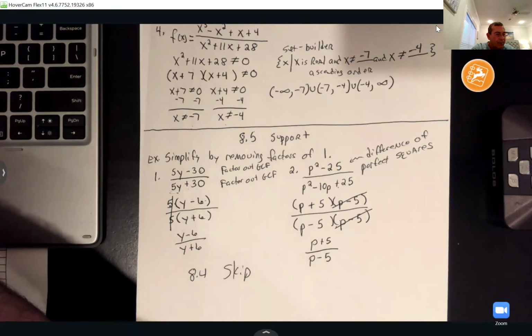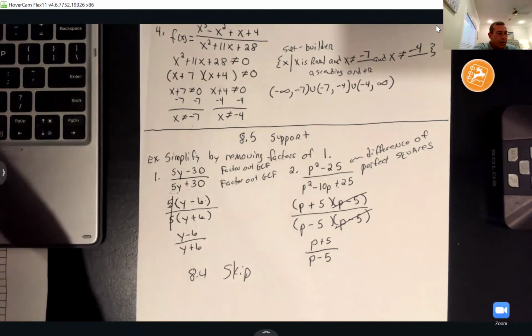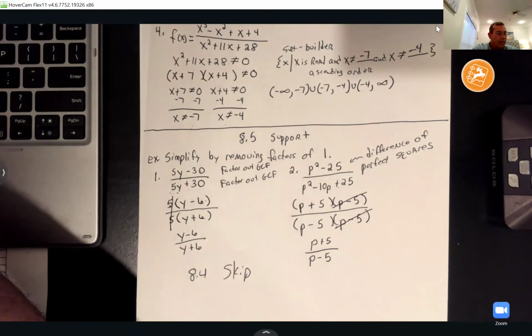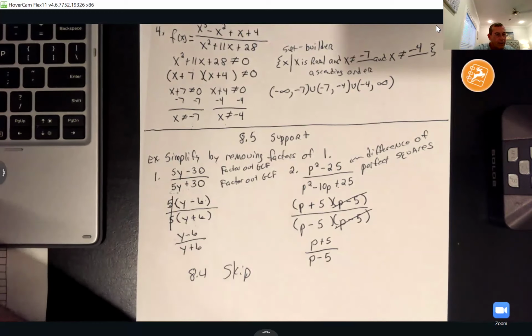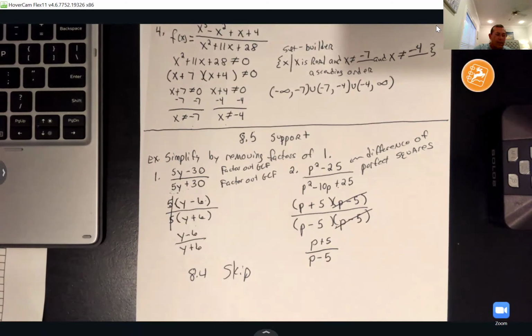Let me find them. I think it was 13 and 14, but I'm not sure.